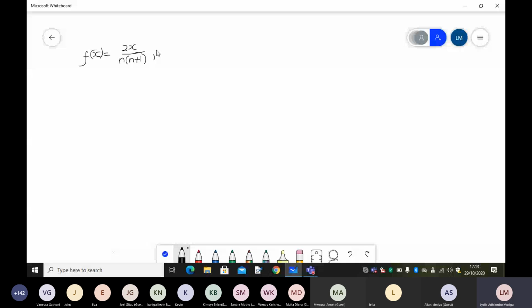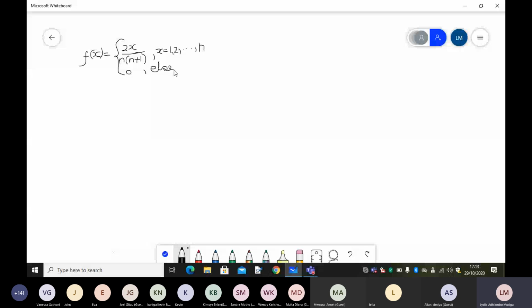When x is 1, 2, 3, 4, 5, 6, up to n. So x takes those values and it's 0 elsewhere, or otherwise.